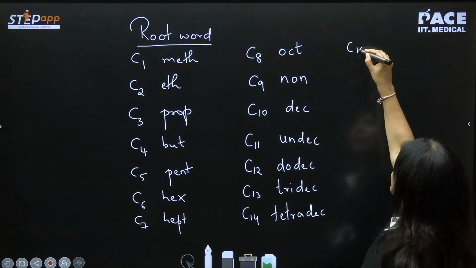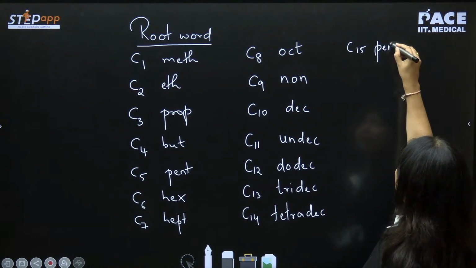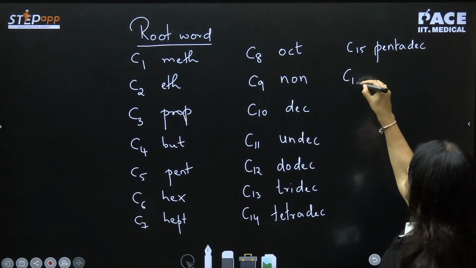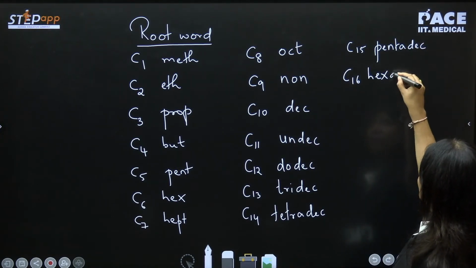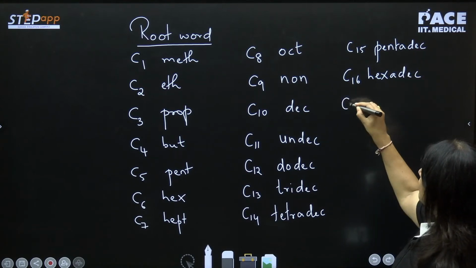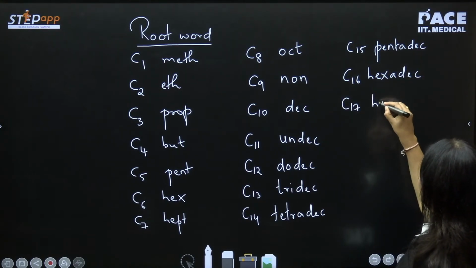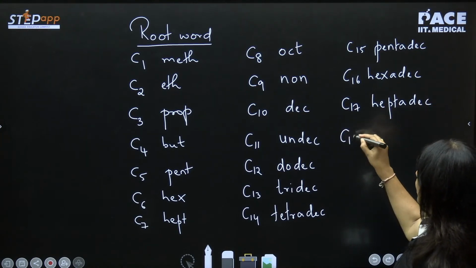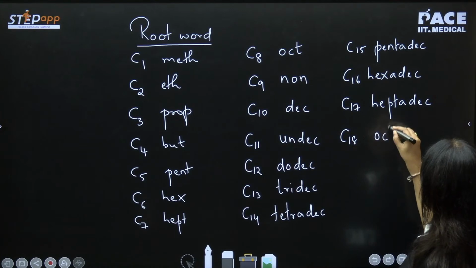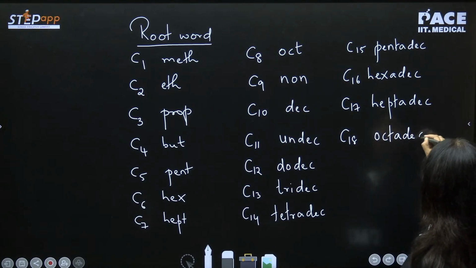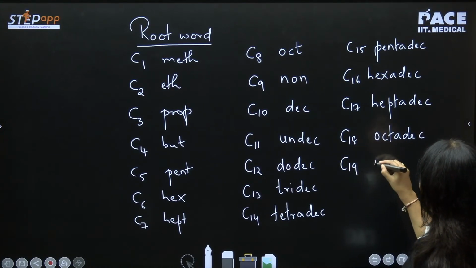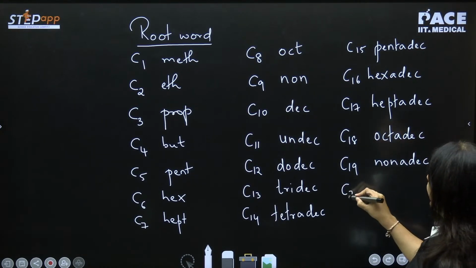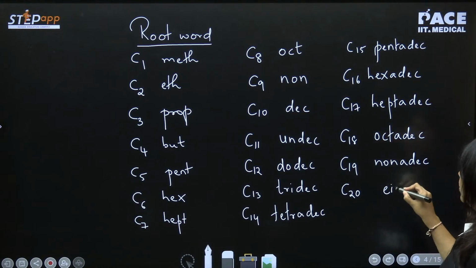For 15 carbon, you have pentadec. 16 carbon, hexadec. For 17 carbon, the root word is heptadec. For 18 carbon, you have octadec. 19 carbon, nonadec. And for 20 carbon, the root word is icos.